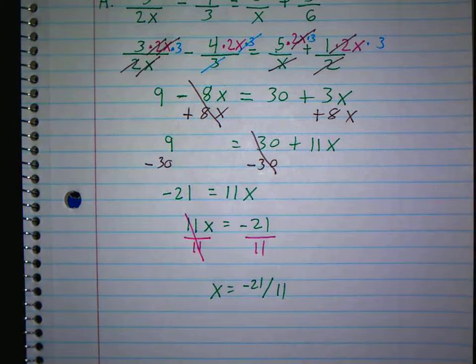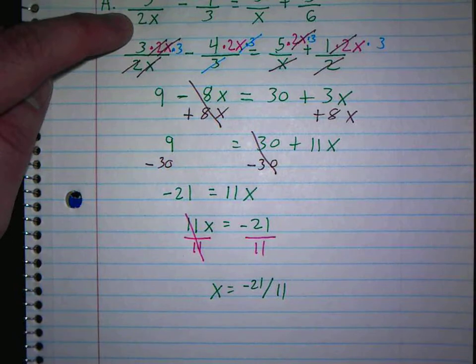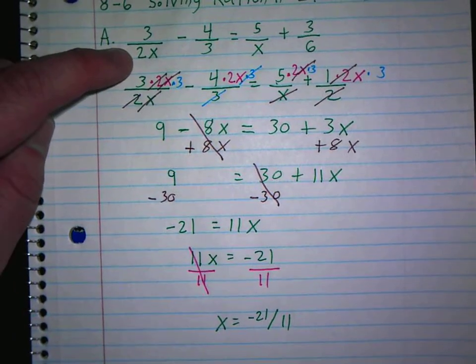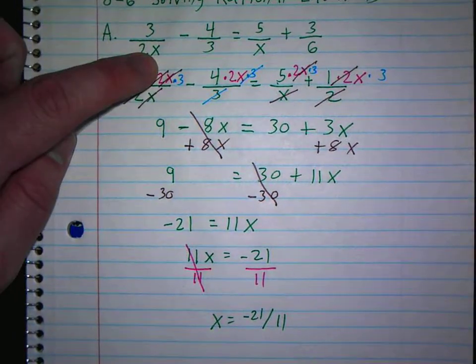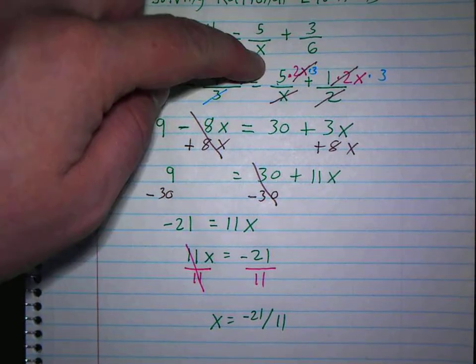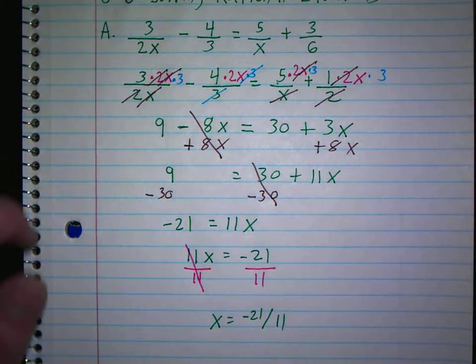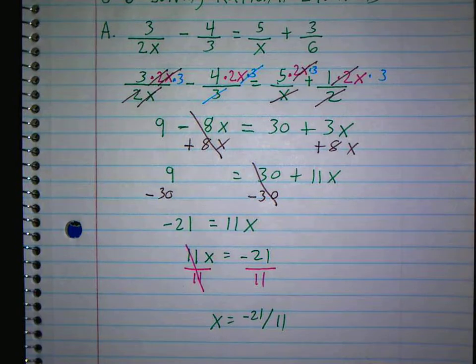Now, what you should always do when you eliminate variables is plug it in and make sure it's true. Okay? So you should plug negative 21 over 11 in for this x and this x. You usually don't have anything to worry about unless it makes it 0. Okay? So in this case, I remember I plugged it in and it worked.